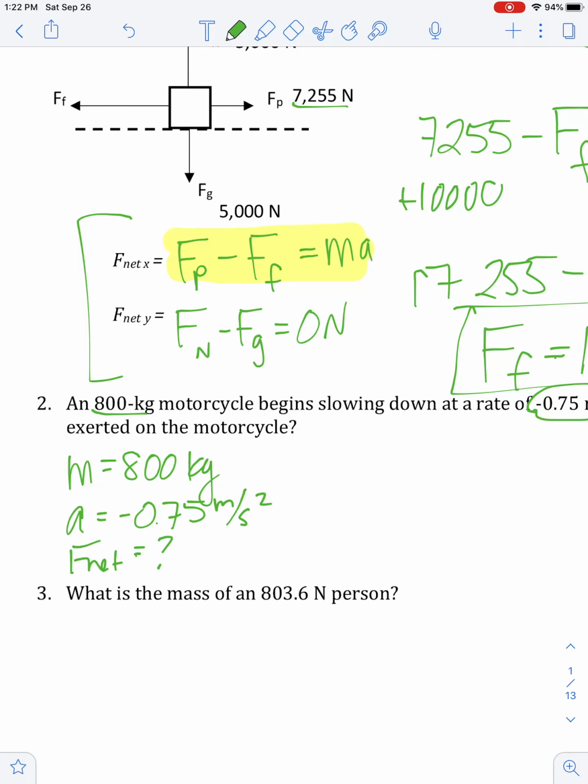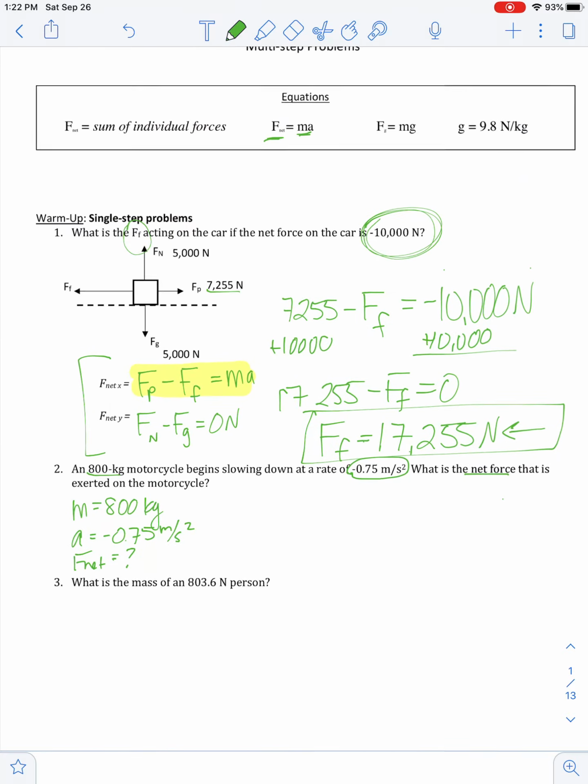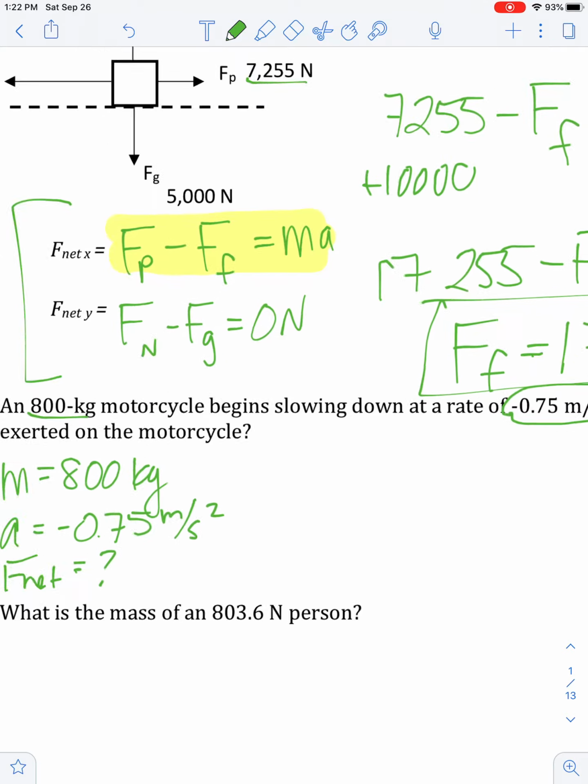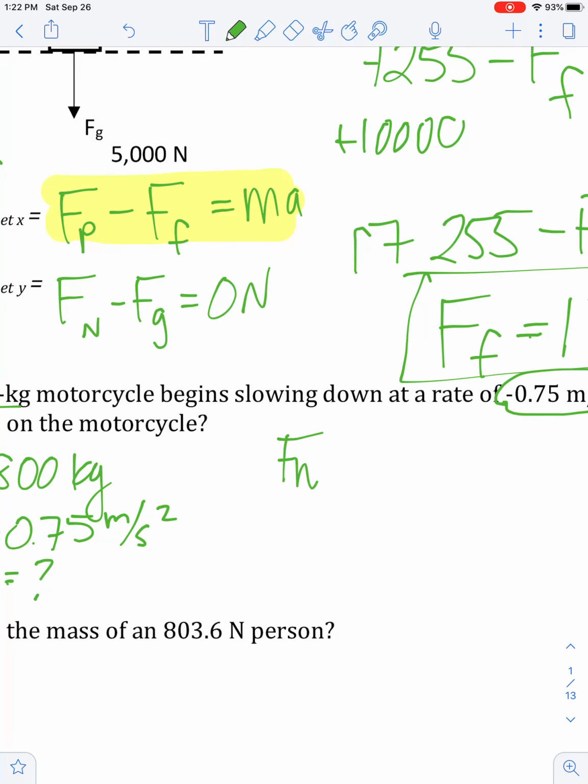On the last problem we had net force, but I used an F net X equation. On this one, I don't have a free body diagram. I don't have a net force equation, but I do know the equation F net equals ma. So there's multiple ways that you can use that net force equation.